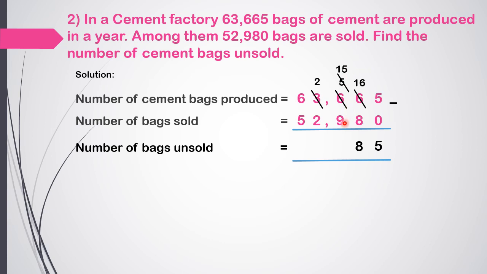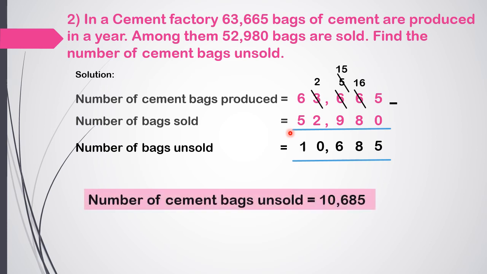After 9, 10, 11, 12, 13, 14, 15. So 6. Now 2 minus 2, 0. Then 6 minus 5, 1. So number of cement bags unsold is equal to 10,685.